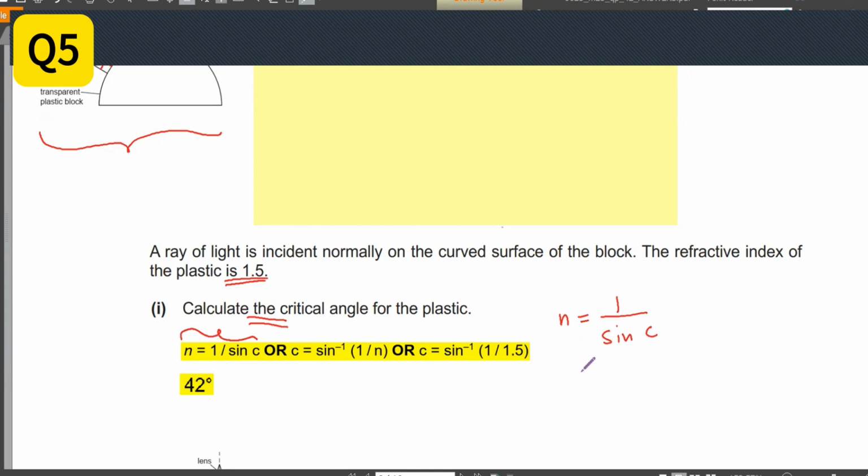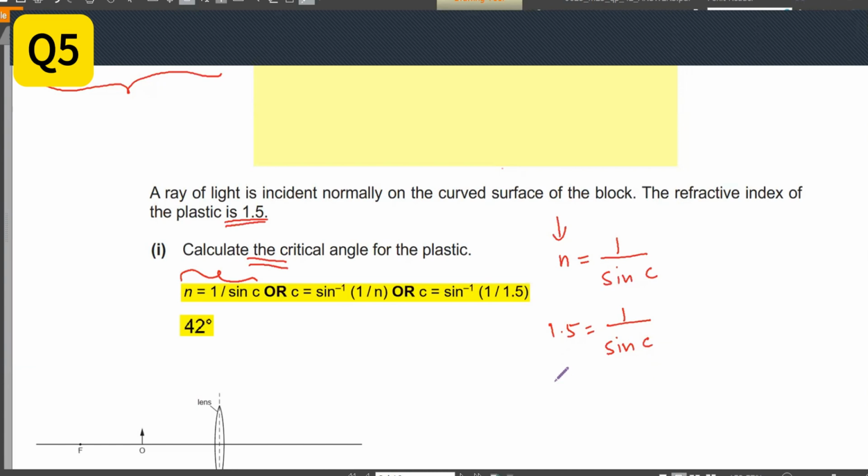So we substitute the refractive index, 1.5 equals 1 over sine C. Rearrange: sine C equals 1 over 1.5. So C equals the inverse sine of 1 over 1.5. If we evaluate this on the calculator, we will get 42 degrees. So that will be the critical angle.